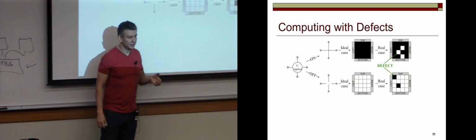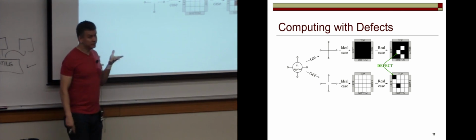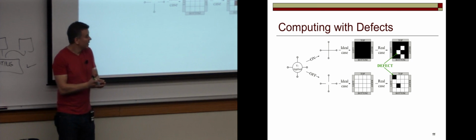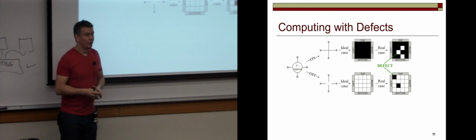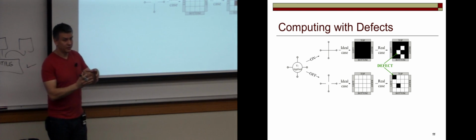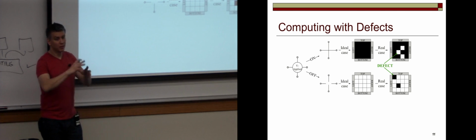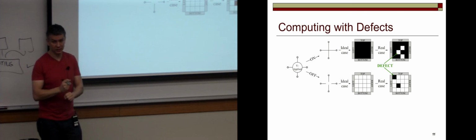But today we'll be concerned with defects, and we'll be concerned about trying to ensure that an individual switch behaves correctly. Now, instead of using an individual switch as an individual switch, we'll use redundancy. So we'll use multiple switches in the place of a single switch.